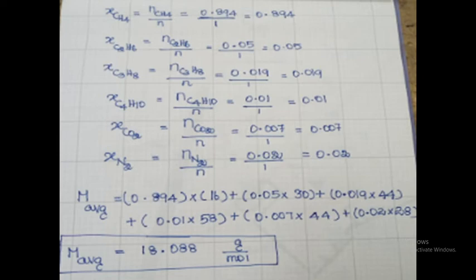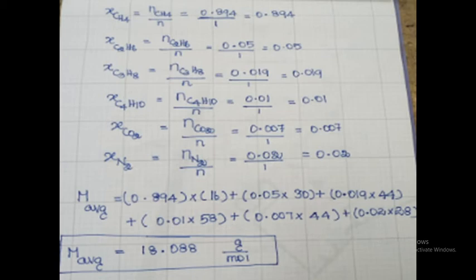Molecular weight of C2H6 30, plus X_C3H8 into molecular weight of C3H8 44, plus X_C4H10 into molecular weight of C4H10 58, plus X carbon dioxide into molecular weight of carbon dioxide that is equal to 44, plus X nitrogen into molecular weight of nitrogen. Molecular weight of nitrogen is 28.